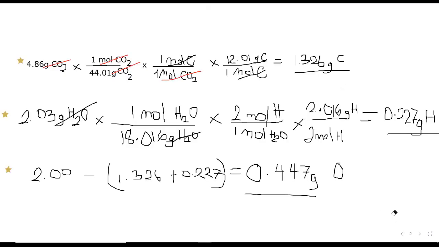So the next step is to change each of those grams that we calculated into moles, so that we find the empirical formula in the final step. So this will be part 2. We start with the carbon.